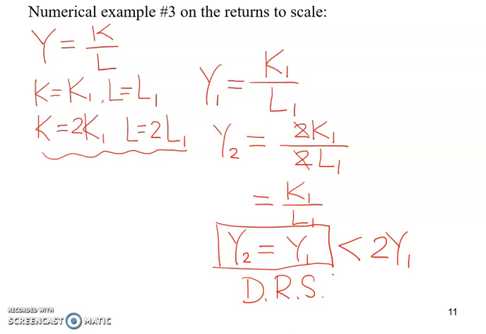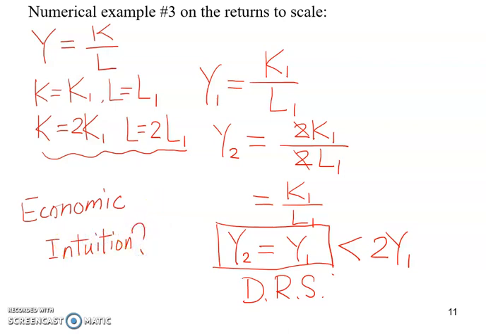The next thing, which is even more important, is I want you guys to think about the economic intuition. As we said before, the math is just the tool to help us understand the economic insights. So here I do want you guys to think about the economic intuition of these returns to scale.